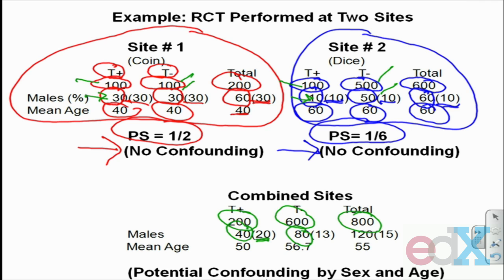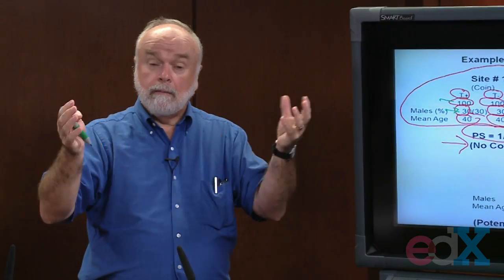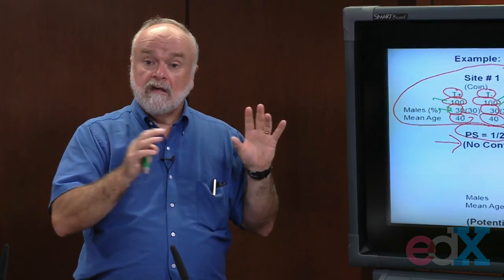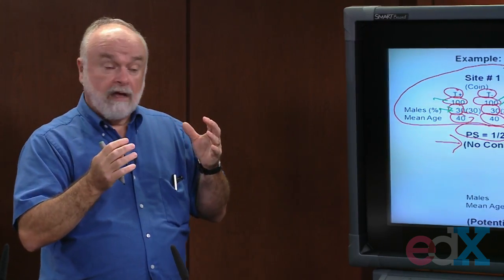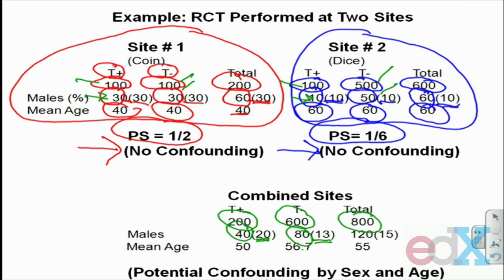That's 13%. So notice in this combined study, made up of 2 randomized studies where there was no confounding, where everything was balanced, suddenly sex is not balanced. The treated people have more men, 20%, compared to the non-treated people, 13%. So in this case, you say suddenly you have potential for confounding here. Well, what's happening here?